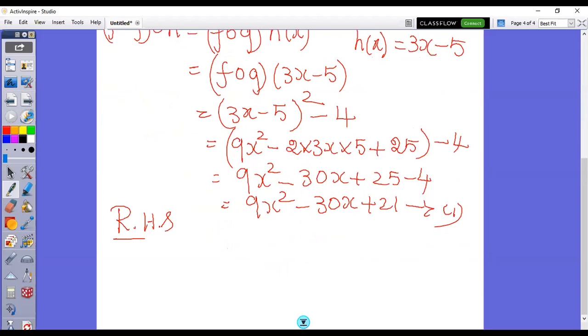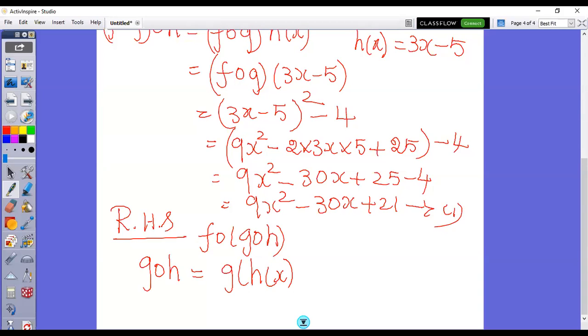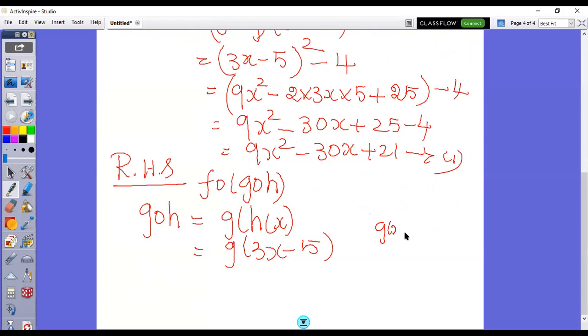RHS equal to f composite of g composite of h. Let us write first to find g composite of h equal to g of h of x. So g of h of x, what value? h of x is 3x minus 5. So 3x minus 5. Next, g of x equal to x square.